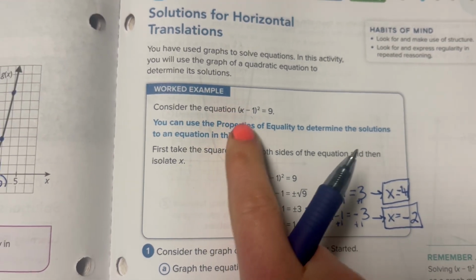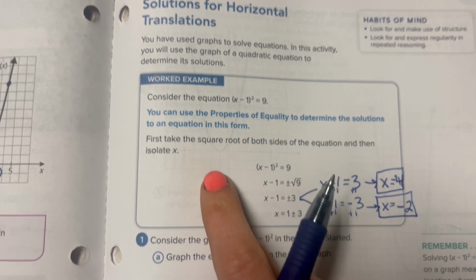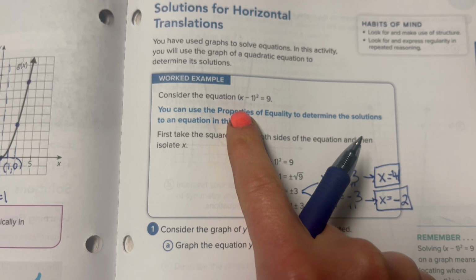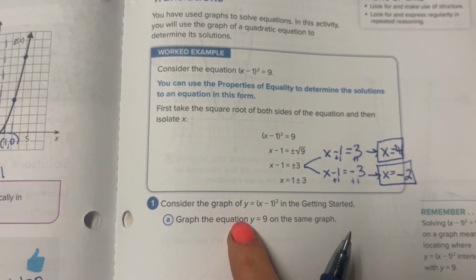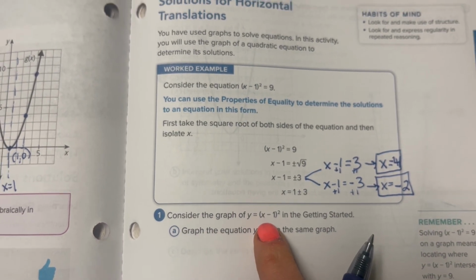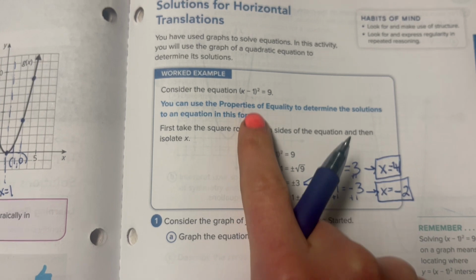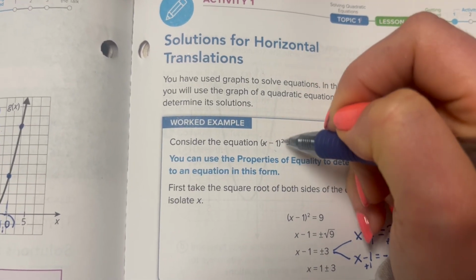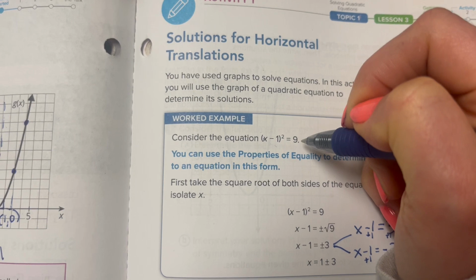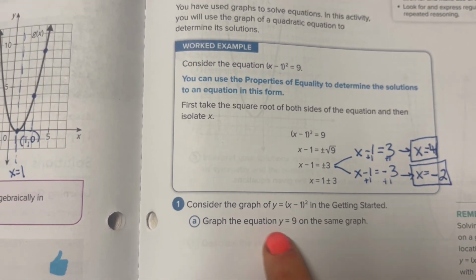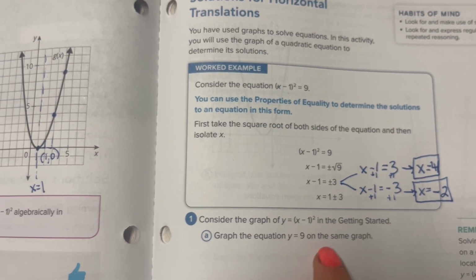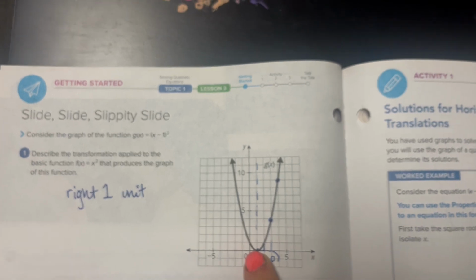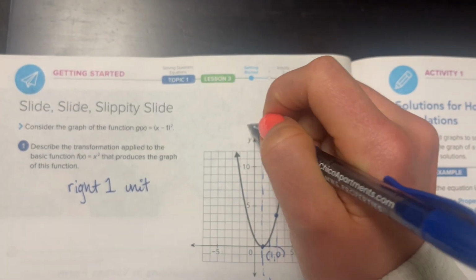Now the book actually asked you guys down here to try a different form, and we're going to consider the graph. So let's graph the equation. So this represents the parabola. This is actually a parabola, and we're trying to find where it equals 9. So if we graph the equation y equals 9 on the same graph, we're actually going to find y equals 9.